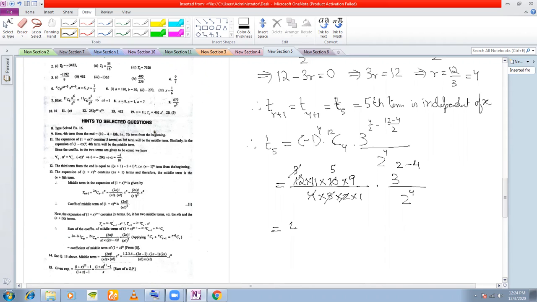So this is 495 into 3 to the power of minus 2 by 2 to the power of 4, which can also be written as 495 divided by 2 to the power of 4 into 3 square, which is 495 divided by 2 to the power of 4 is 16. 16 into 9 is 144. This is the term that is independent of x.